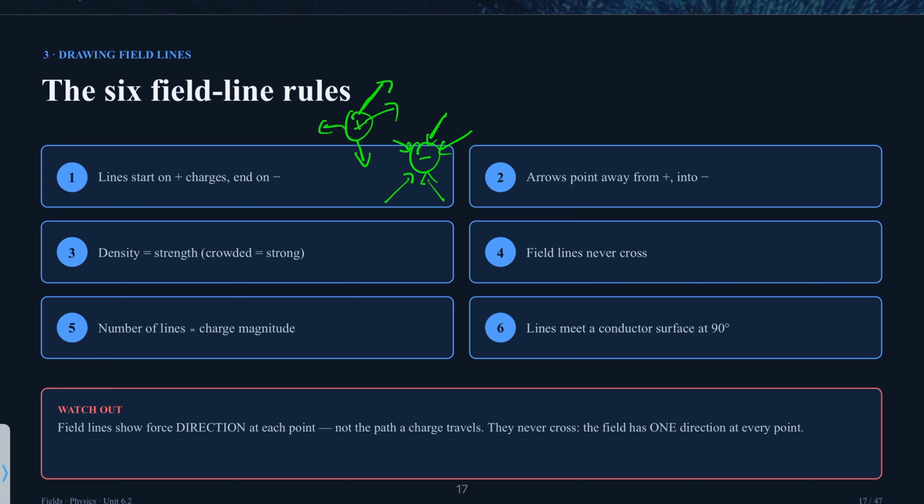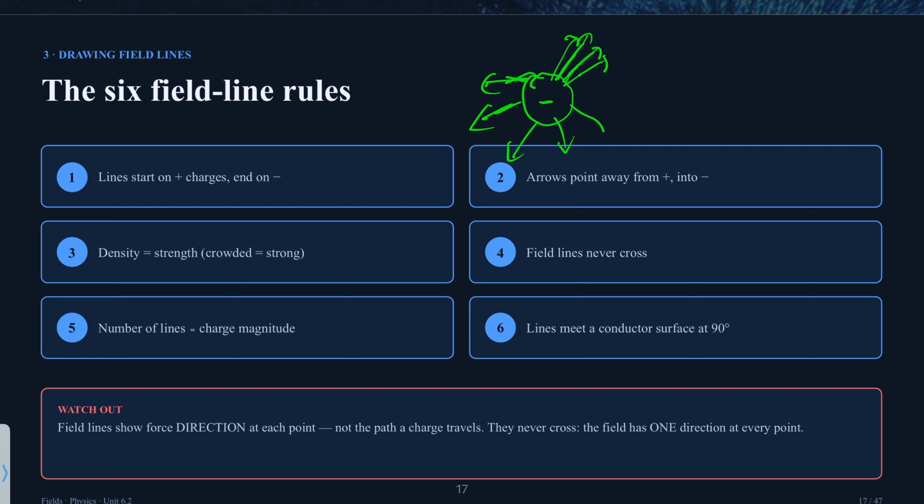Density is your strength. For example, if I had this electron, and suppose it does some weird stuff, and then it has some vectors like that, some vectors like this, then that means over here your field is stronger.